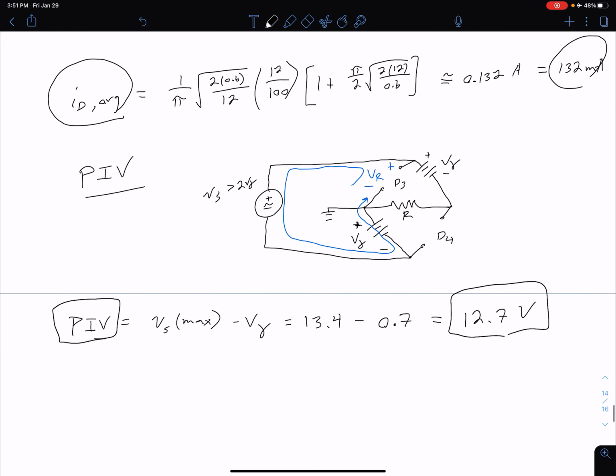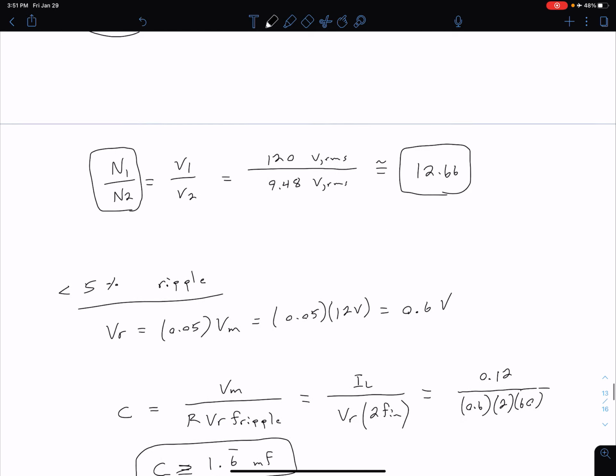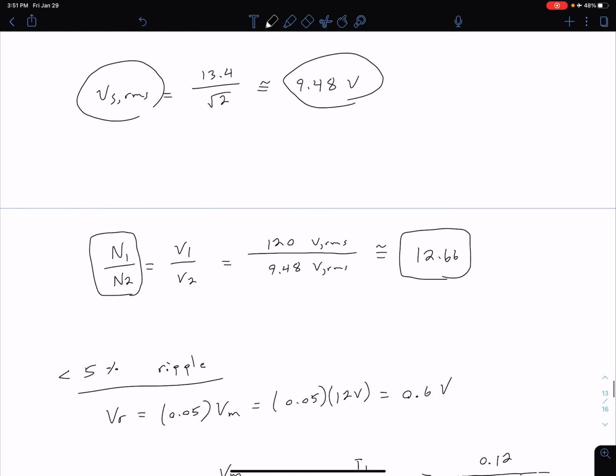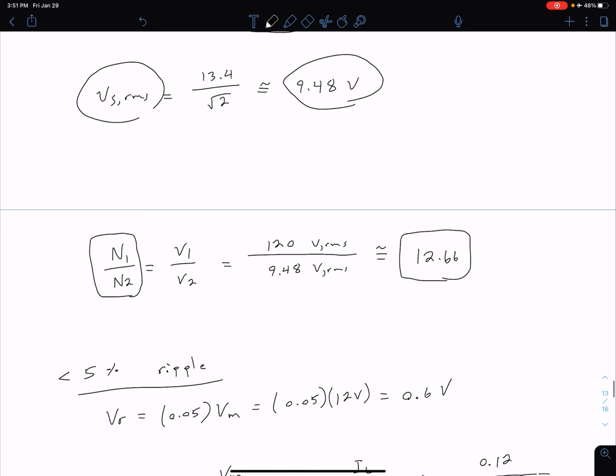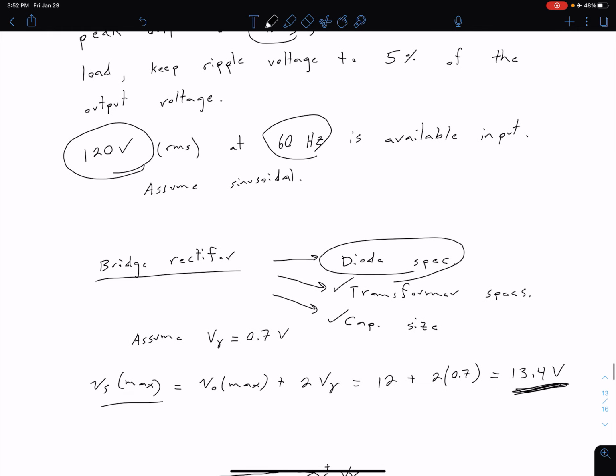The other thing to note is that this transformer turns ratio that we found earlier, this 12.66, isn't necessarily standard. So we would need to weigh the benefit of having a custom-made transformer with something close to this turns ratio, or maybe adjust our design a little bit so we can use something more standard. Another thing to keep in mind is that this input voltage of 120 isn't always going to stay constant.